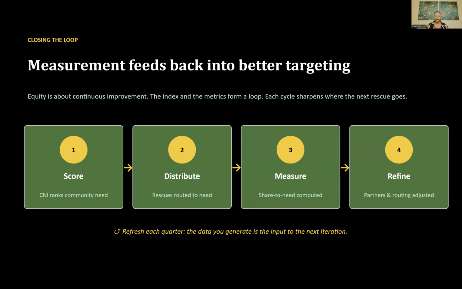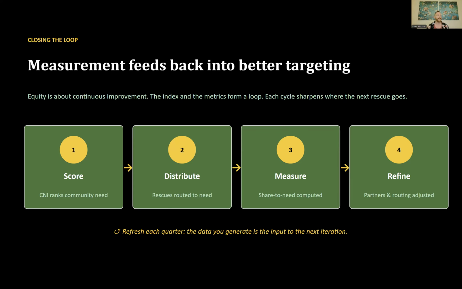Also, measurement feeds back into better targeting. So we rank community need, we distribute according to that need, and then we measure what happens, right? So did we improve our share to that need? After we go through a cycle of that, we refine it. If we need to change our measurement, that is totally fine. Make sure you back test that.